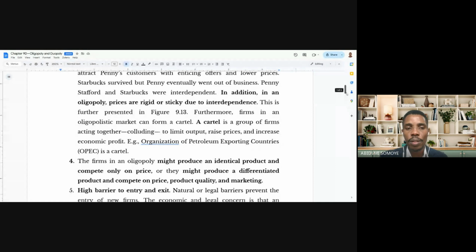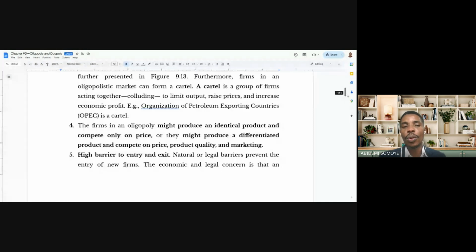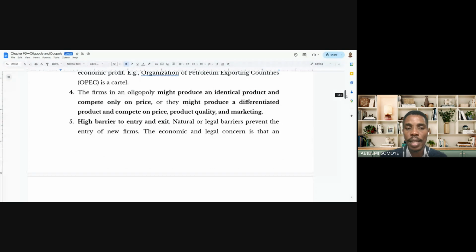Number 4, the firms in an oligopoly might produce an identical product and only compete on price, or they might produce a differentiated product and compete on price, product quality, and marketing. Number 5, there's a high barrier to entry and exit.